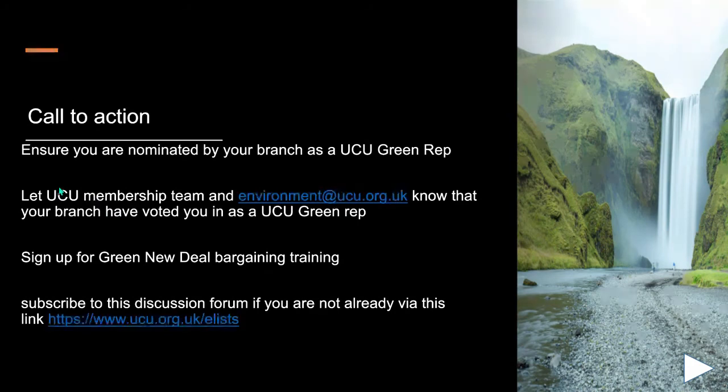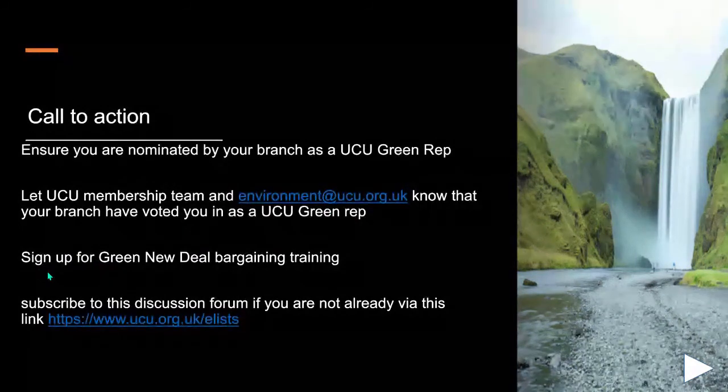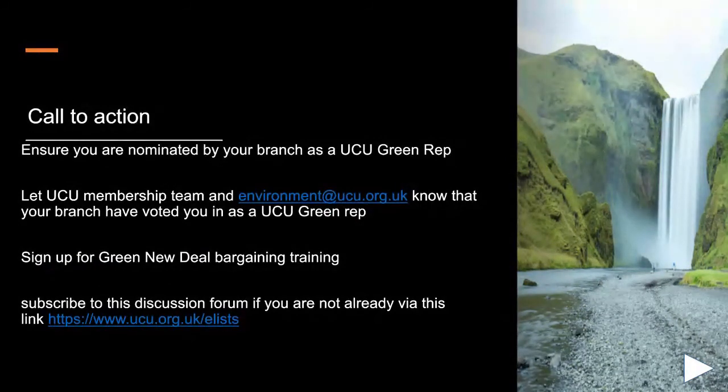And the next stage is to let the UCU membership team know, and there's the email address there, the contact there. Let them know that you've been voted as a green rep. The next stage, if you choose to, is to sign up for the Green New Deal bargaining training.